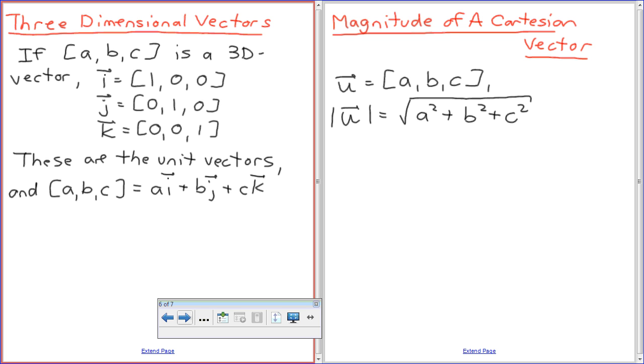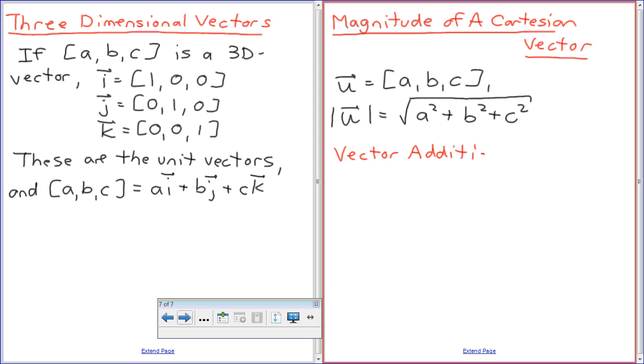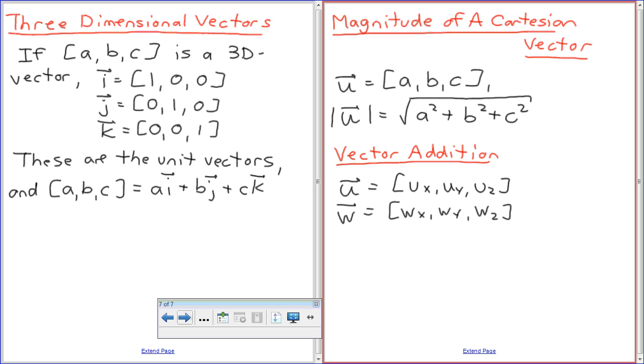We're going to say vector addition. Simply enough, if I have u equal to ux, uy, uz, and I'm going to add to this w equals wx, wy, wz, u plus w, you just add components.